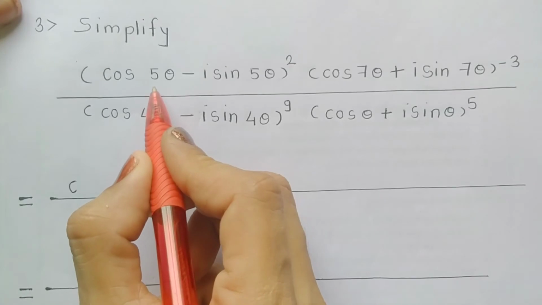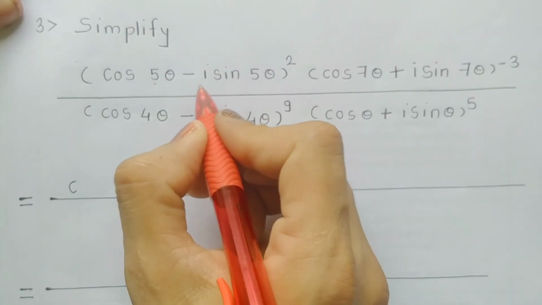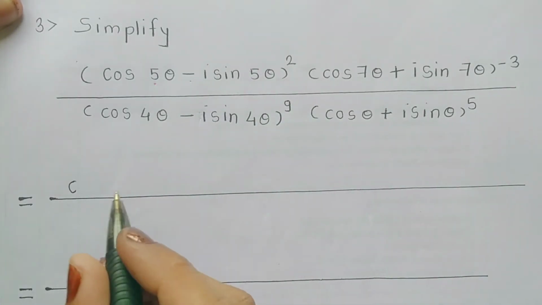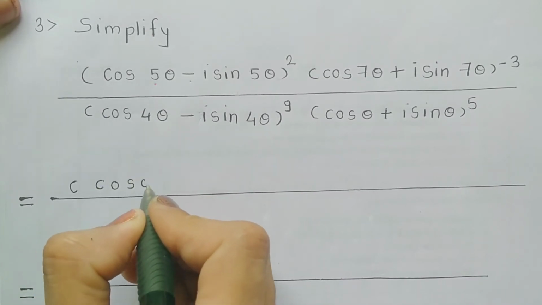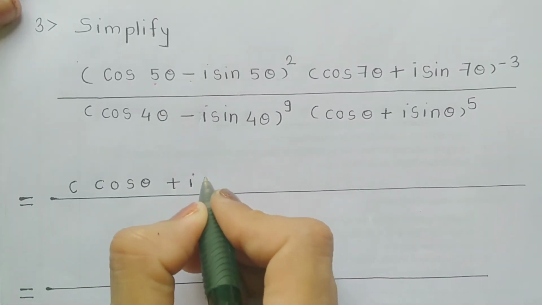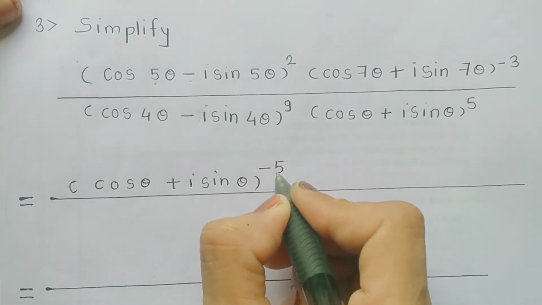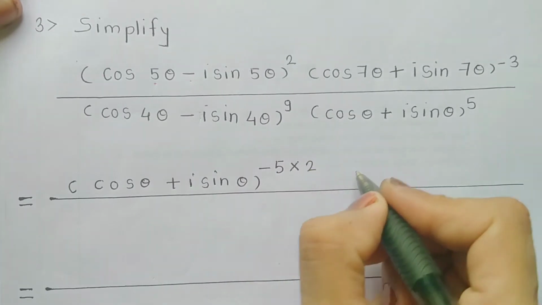Now for the first term the value of n is 5, but there is the minus symbol, so here the value of n is minus 5. So we simply write (cos θ + i sin θ)^(-5), and this 2 remains as it is, so that means raised to 2.